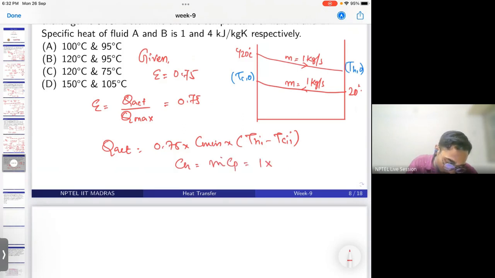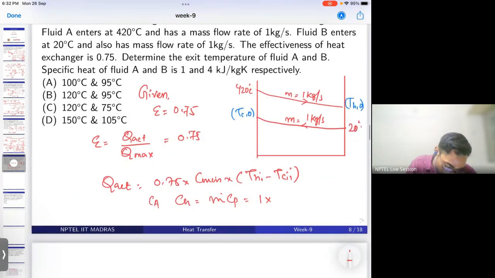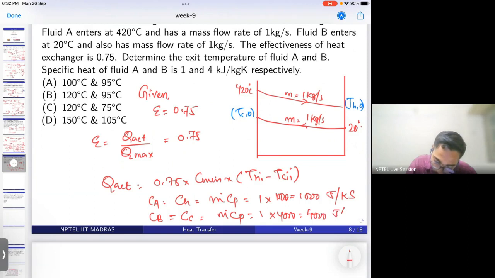That is 1 into, the hot fluid is CA, that is 1000 joule per Kelvin second. And CB is the cold fluid, that is m dot CP, 1 into 4000, that is 4000 joule per Kelvin second.